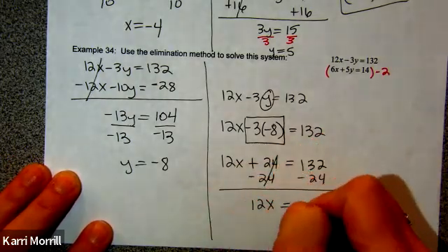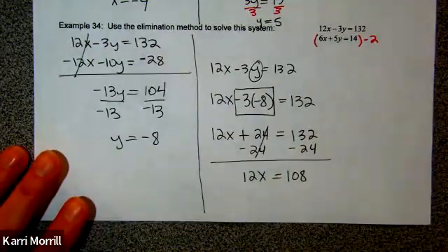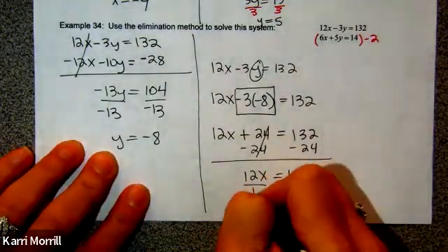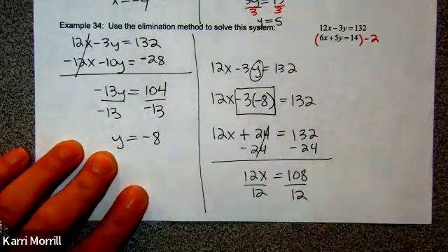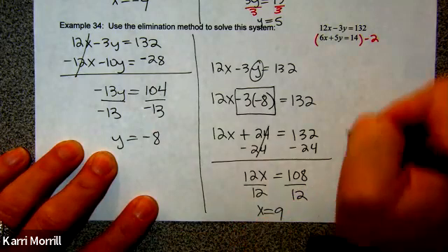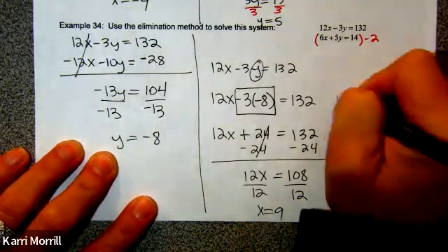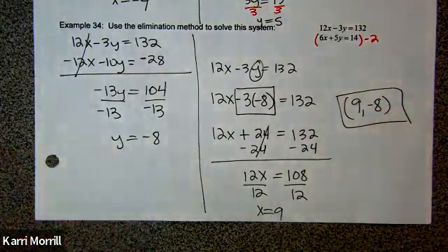We have 12x equals 108. We divide by 12. So x equals 9. 9 comma negative 8 is the solution to that ordered pair.